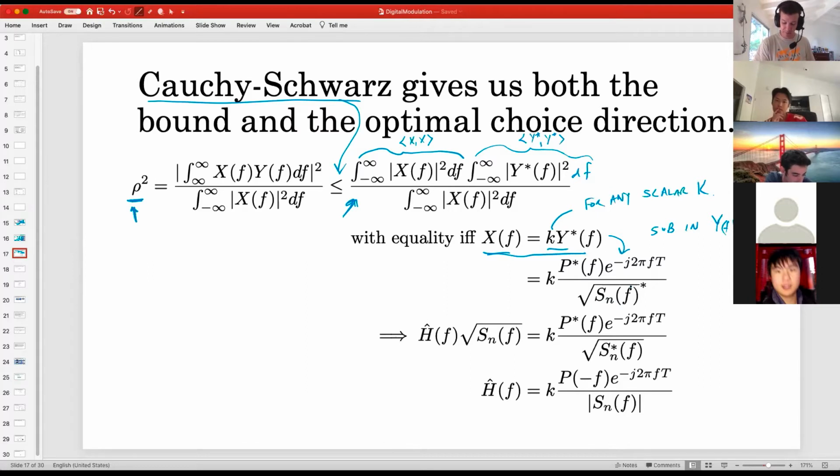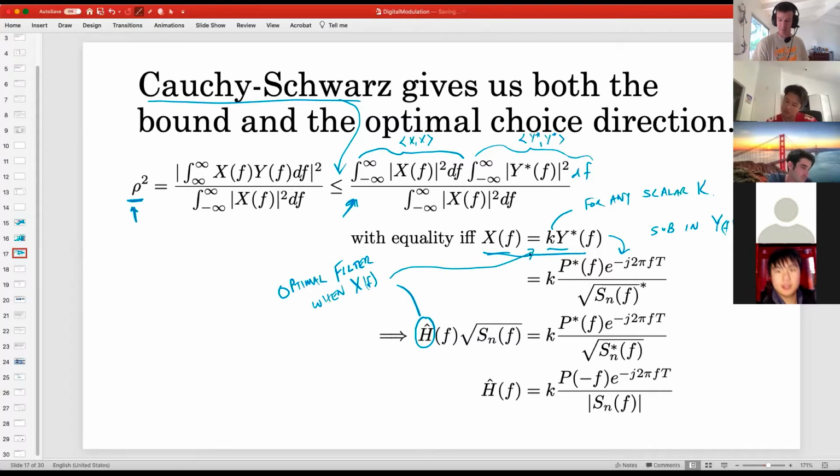If we do that, so this notation, this is the filter, or I'll say the optimal filter, or the filter when x has this property.